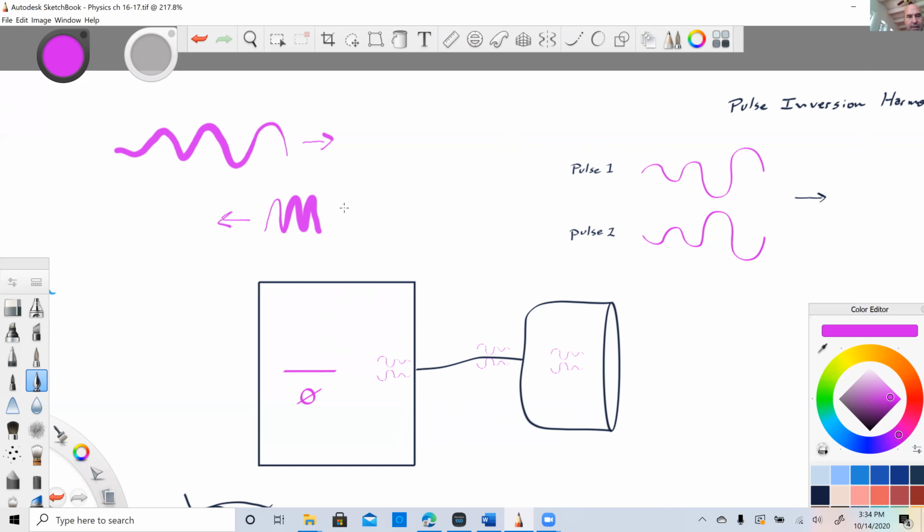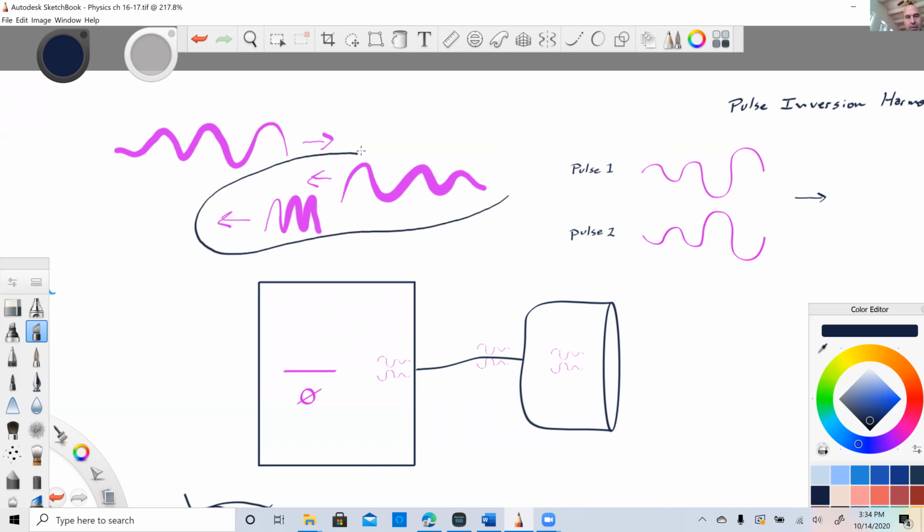So both of these would make it back to the machine. The fundamental frequency echoes would be going back, but also the harmonic frequency echoes. If you wanted the machine to look at only the harmonics, it would put an electronic filter on, filter out the fundamental, and then only listen to the harmonics.